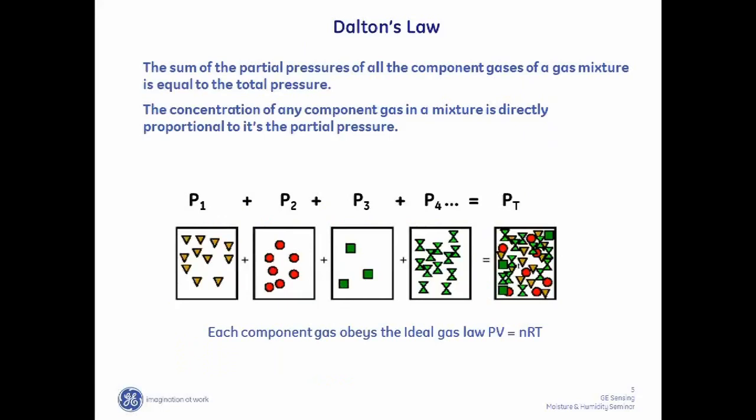So we saw on the last screen that each gas had a partial pressure, and it'll contribute to the total pressure. So if we know the total pressure and we know the partial pressure of the particular gas, we can determine the concentration of that particular gas in a mixture of gases. And again, water is no different when we speak of it in the gas phase.